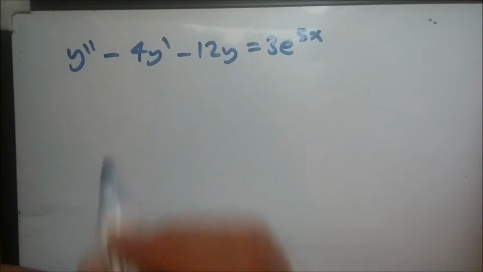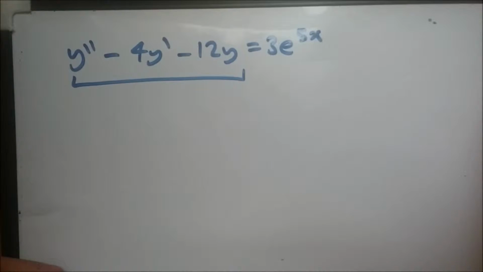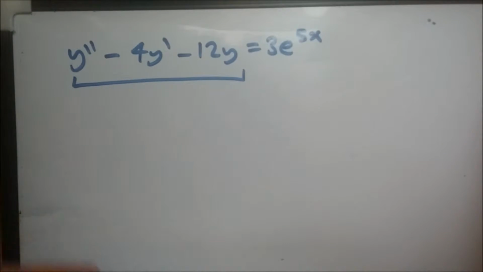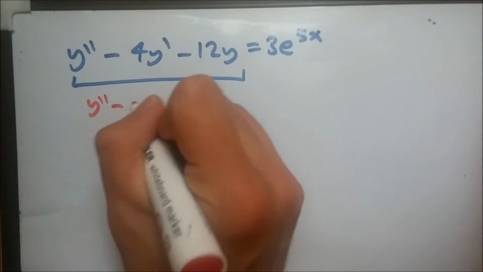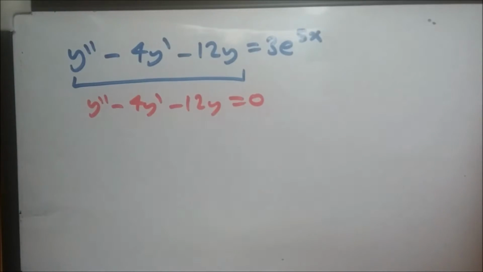Recall that the left hand side is the complementary part, so we're working with the homogeneous part. So pretend this part doesn't exist. What we have now is y'' minus 4y' minus 12y equals 0, the homogeneous part.